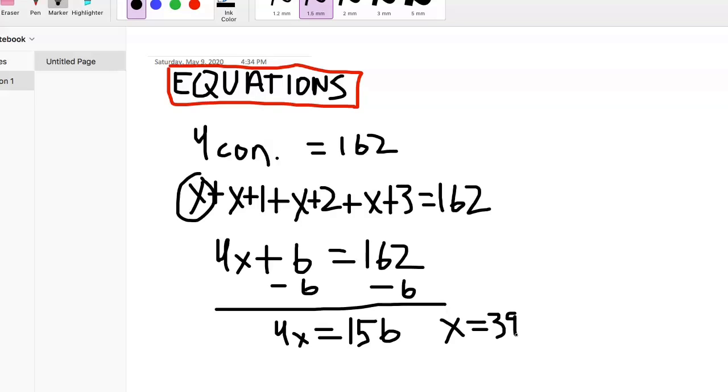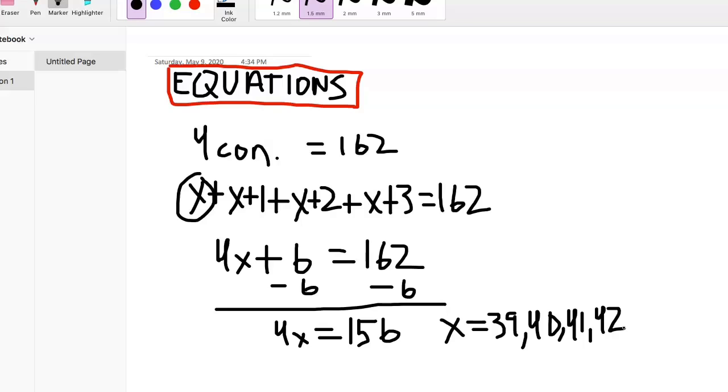Okay, so that's x, and then we're going to have to go back and plug these in, right? So 39 is the first one, 40 is the second one, 41 third, 42 fourth.